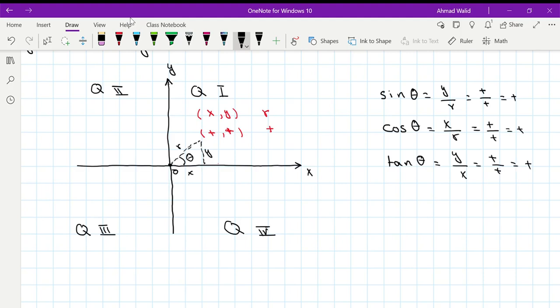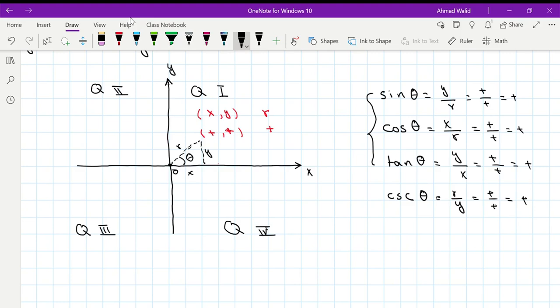Okay, if these 3 are positive, their reciprocals are definitely positive also, right? First one, cosecant theta, because it's the reciprocal of sine, means r over y. It means again positive over positive. It's also positive in quadrant 1.